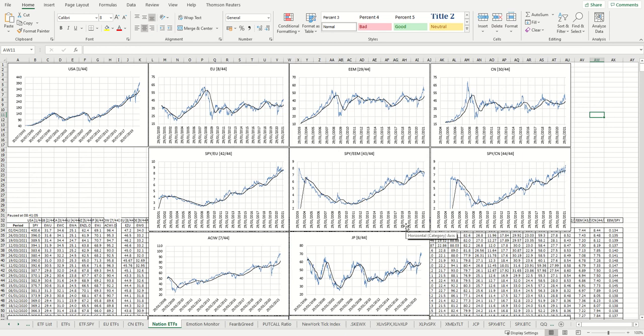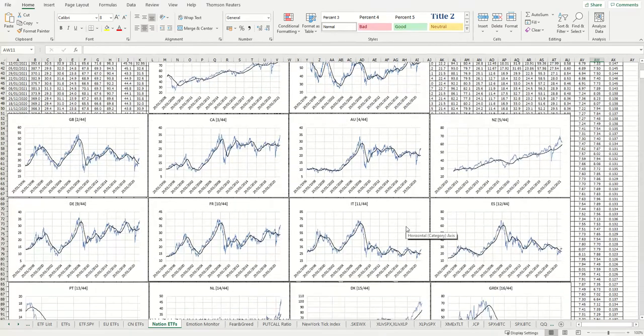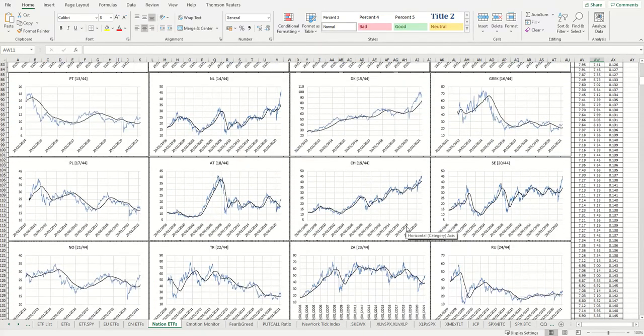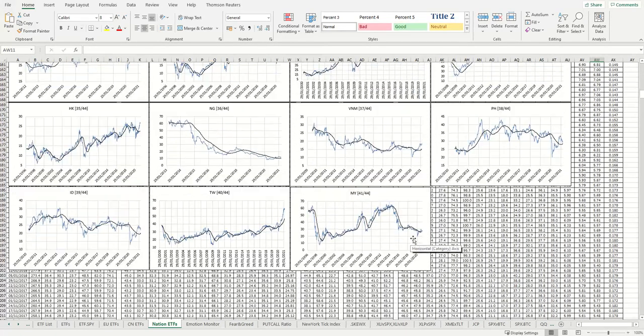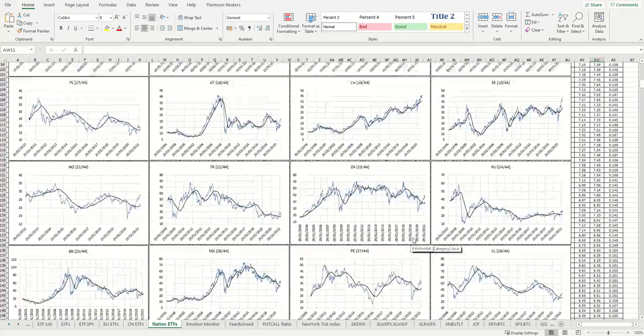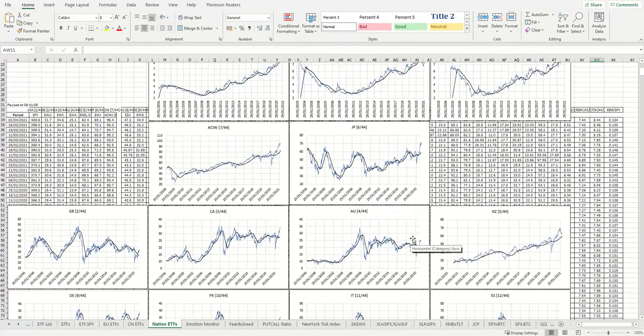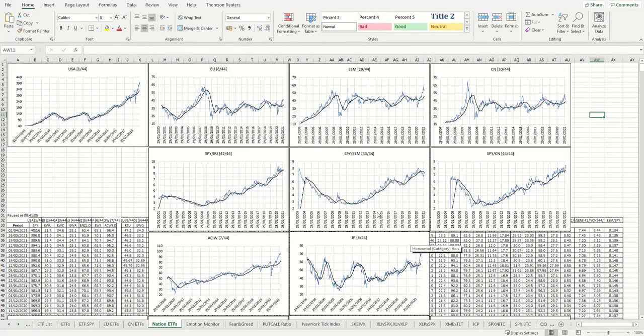Then we've got the nations ETFs, so you can see which nations are doing well. Again, with a 200-day moving average. But you can stick to just a few. It's completely up to you, however you wish to trade, but it's all in this one spreadsheet for you guys.